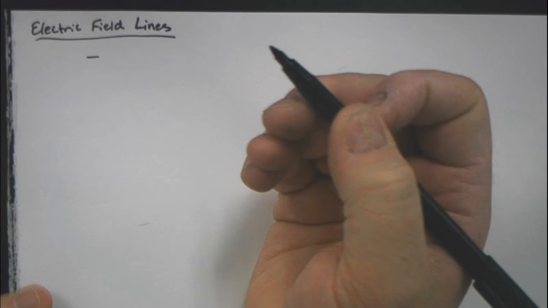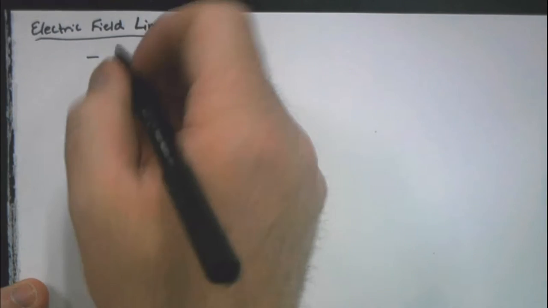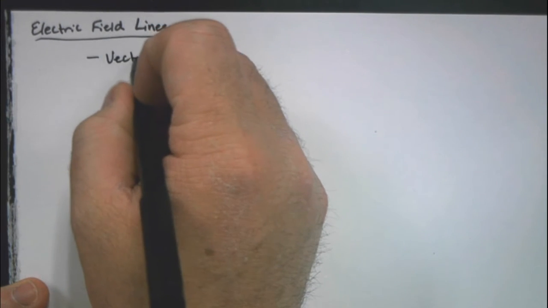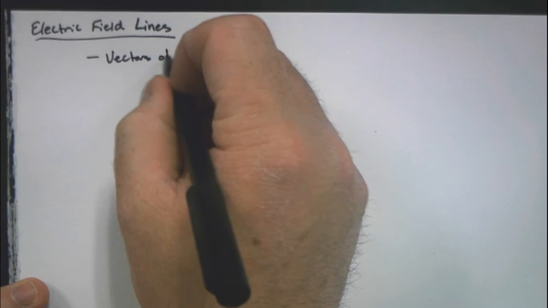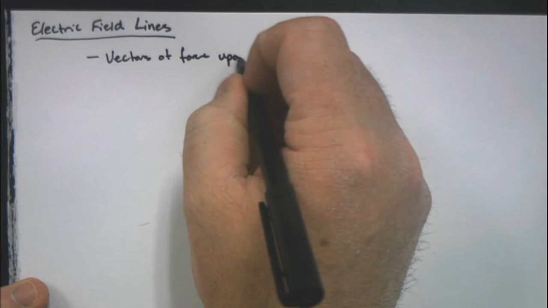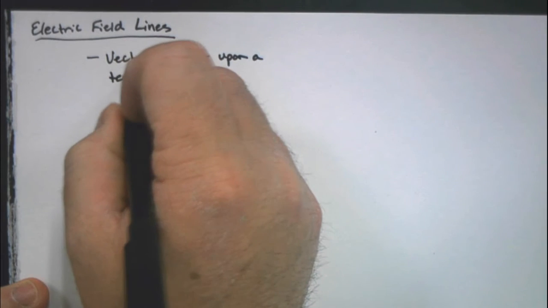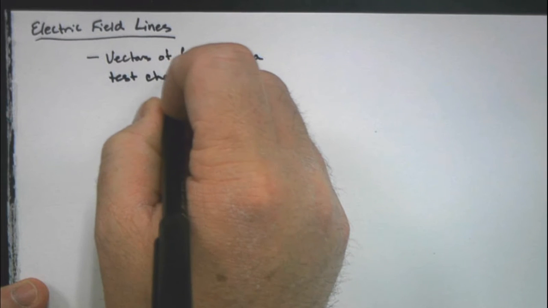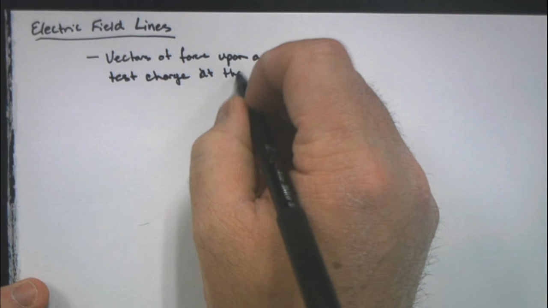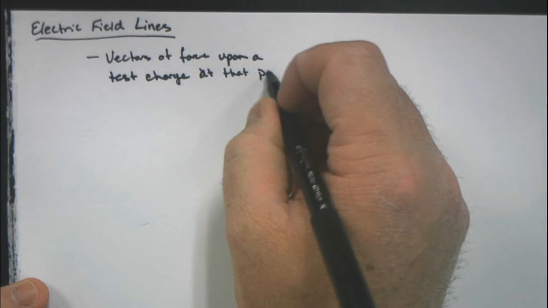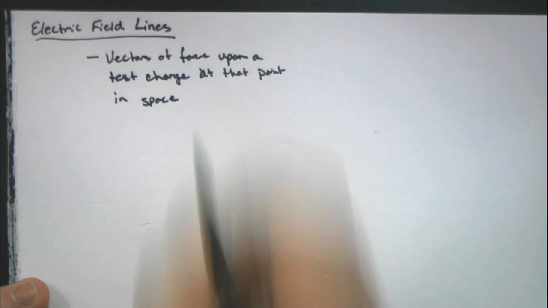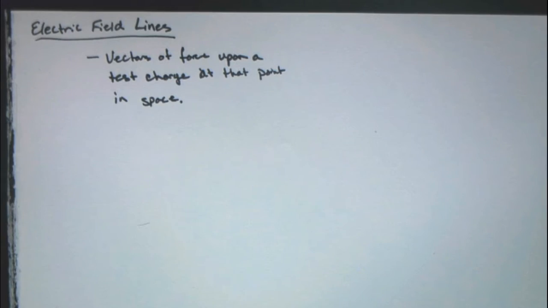The direction of the field lines is given by the vectors of force upon a test charge at that point in space.